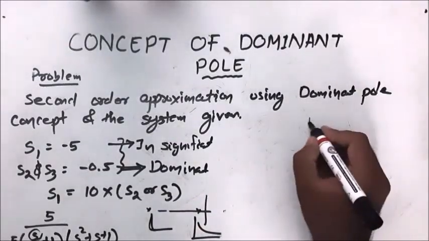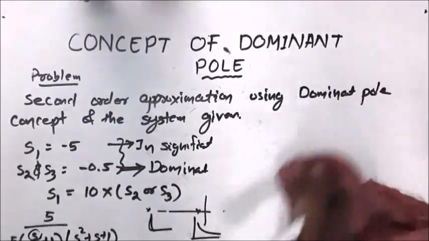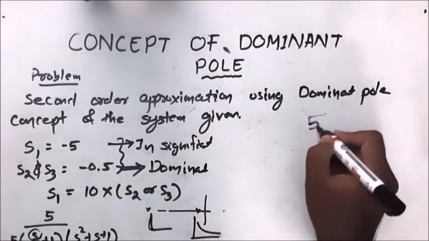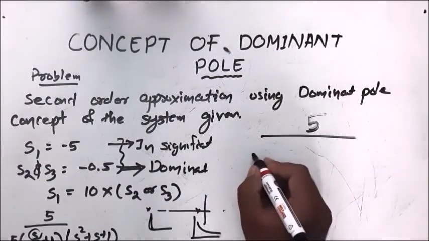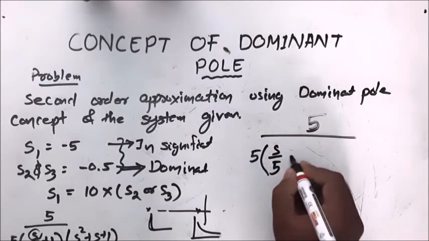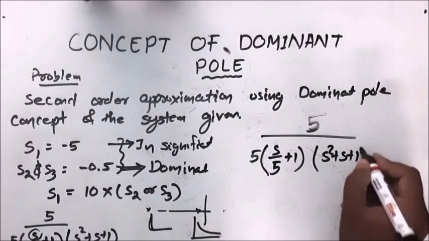Okay, so this is 5. So this is 5 divided by, I'm taking 5 common, this becomes S by 5 plus 1 into S square plus S plus 1.